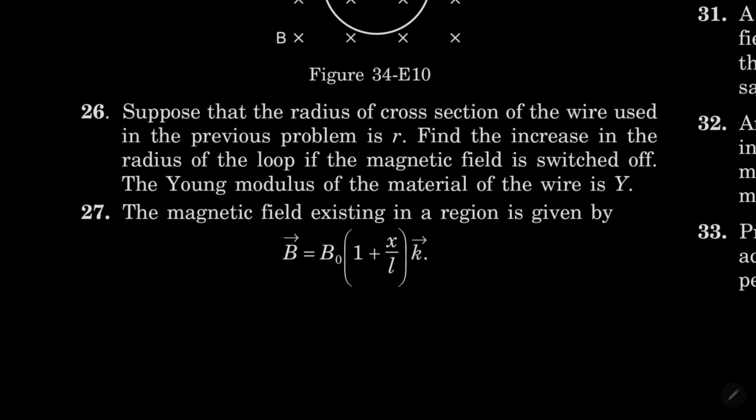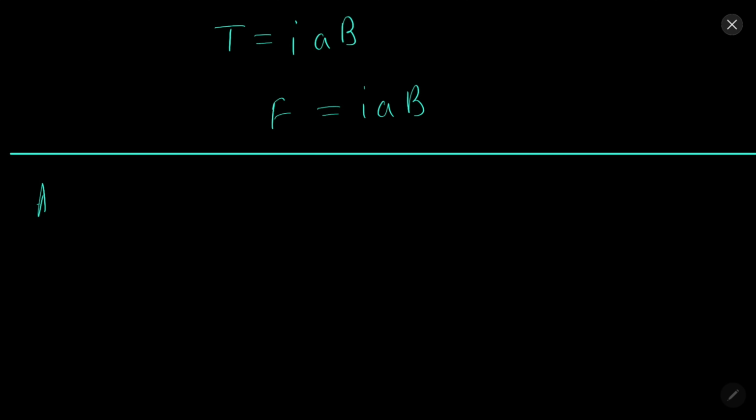In question 26, we need to find the increase in radius of the loop if the magnetic field is switched off. Solution 26.